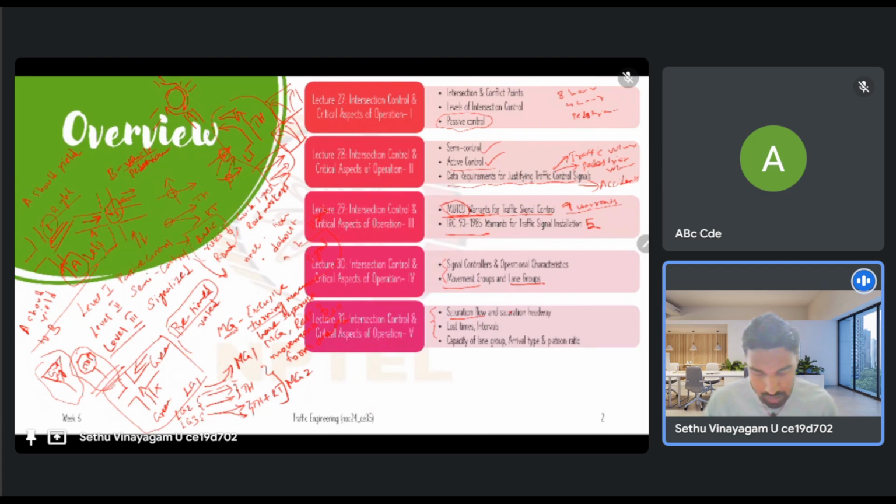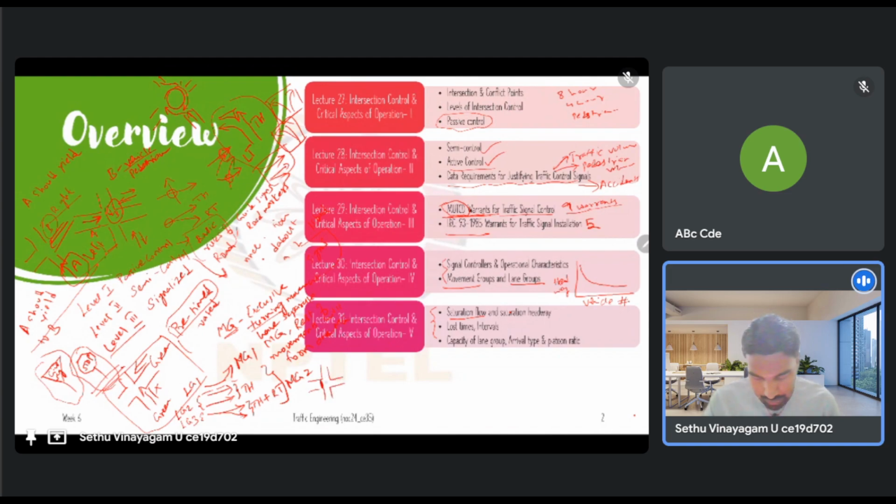If you plot the headway as a function of the vehicle number that is crossing, this is headway and this is vehicle number. How do we calculate this headway? At the intersection we will have the stop line here.